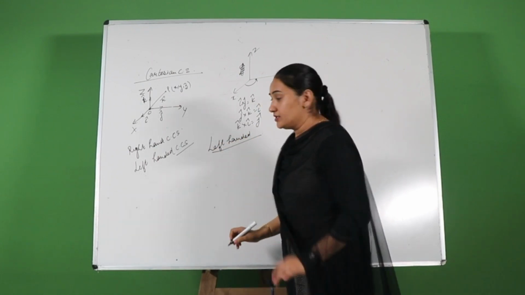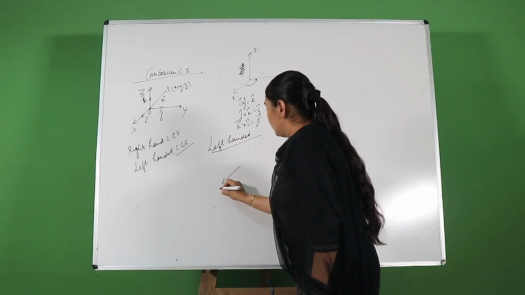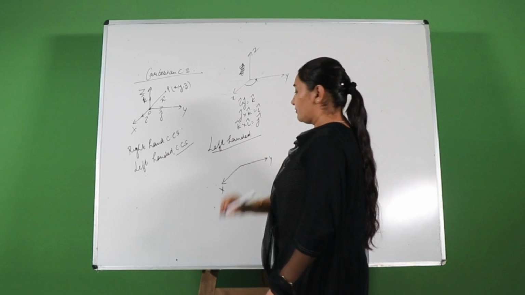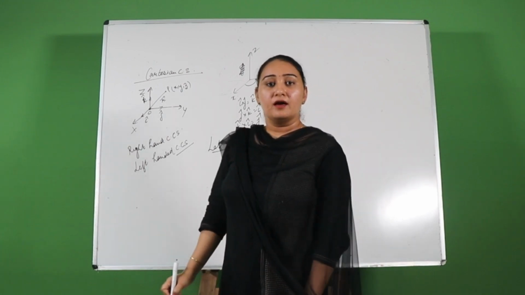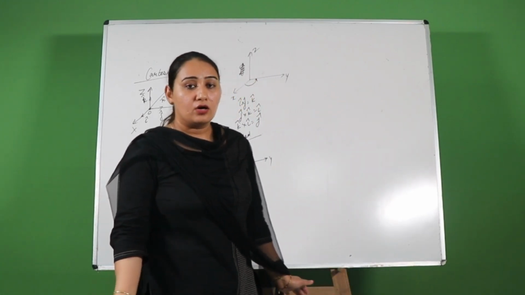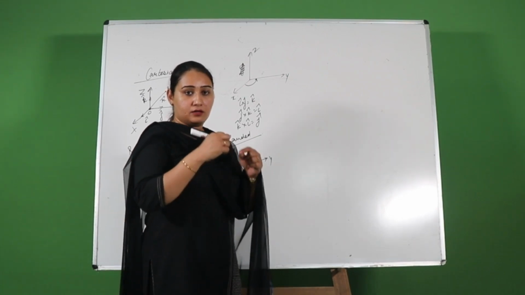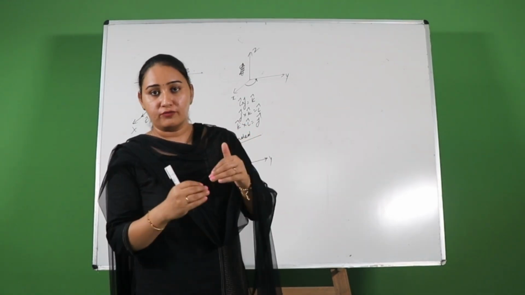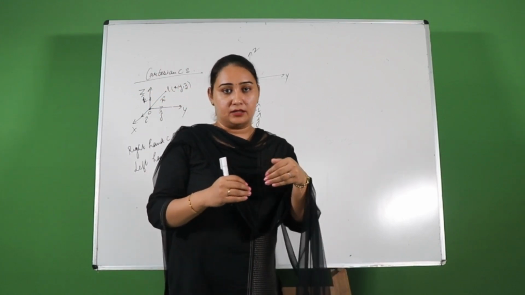In the left-handed Cartesian coordinate system, let us say this is my x, this is my y. Now I have to say where my z will go. If I rotate it like this, x will go to y in a clockwise manner.